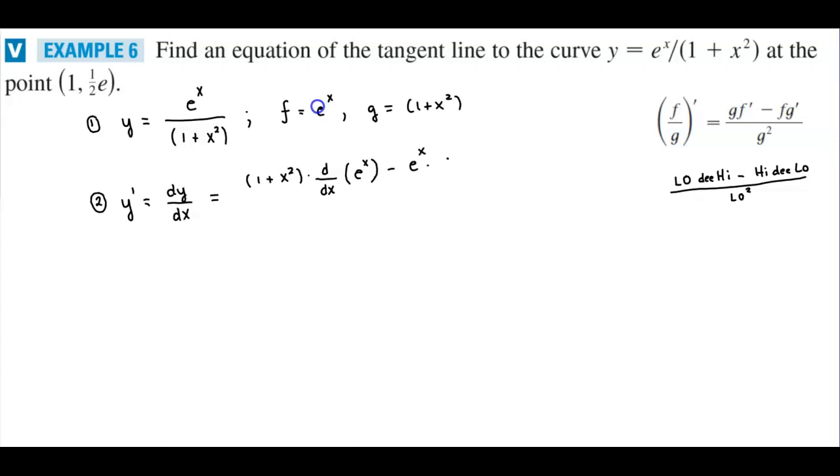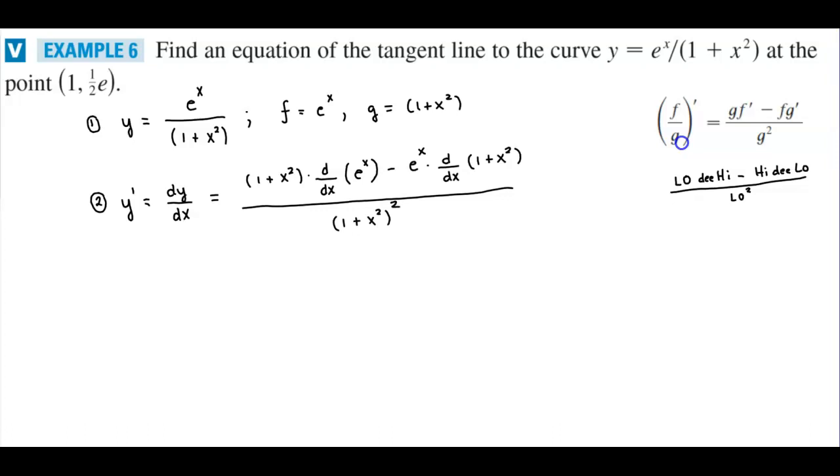And we're going to multiply that by the derivative with respect to x of the low, which is 1 plus x squared. And then we're going to divide that by the denominator, which is the low, and we're going to square it. So it's going to be parentheses 1 plus x squared squared.